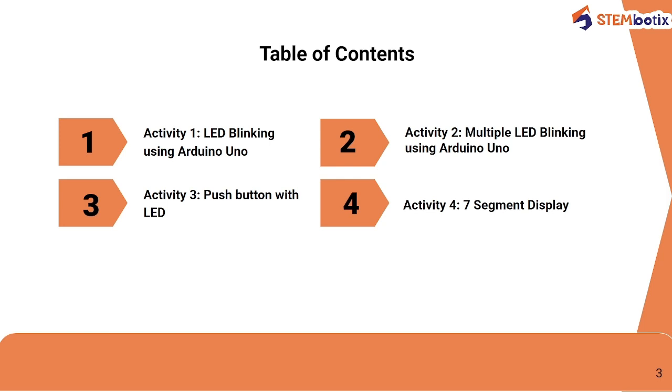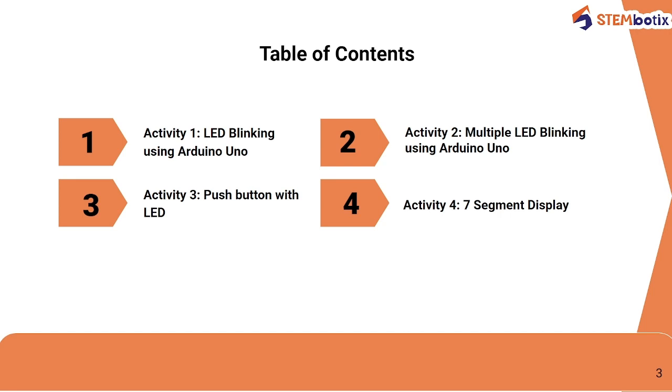The table of contents for this tutorial is divided into four parts. In the first part, we are going to see our first activity of this session, which is LED blinking using Arduino Uno. In the second part, we are going to introduce activity 2, which is multiple LED blinking using Arduino Uno.